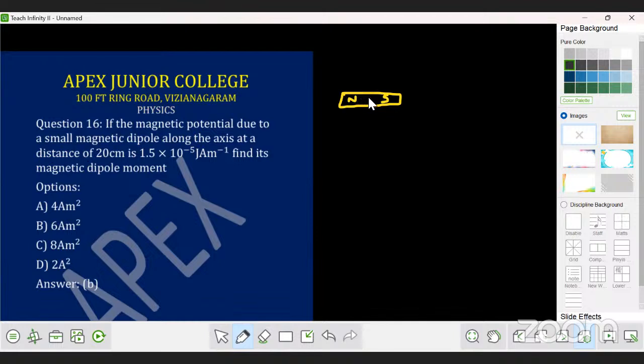At a distance of 20 centimeters, it is a very small dipole. From here to here, let me consider 20 centimeters along the axis. They have given the magnetic potential value, 1.5 into 10 power minus 5 in SI units. Now they are asking about the magnetic moment.